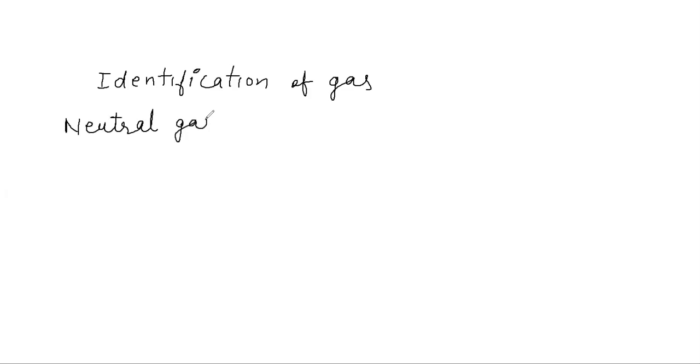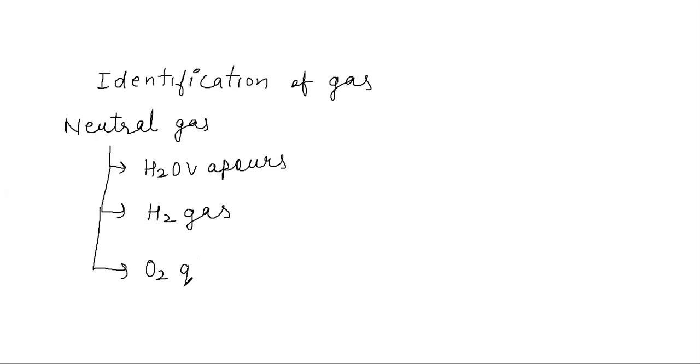Neutral gases are those which do not give any color change with litmus paper, because they are neutral. In the neutral gas category come water vapors, second hydrogen gas, and third oxygen gas. You have to learn it like this.